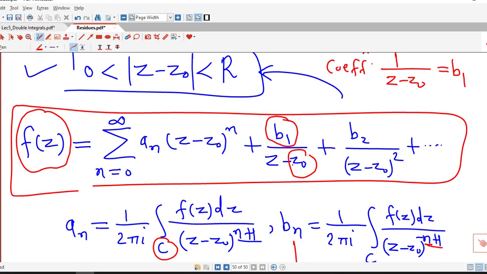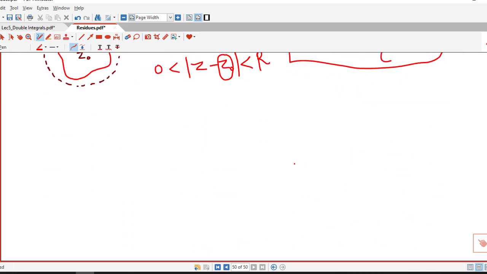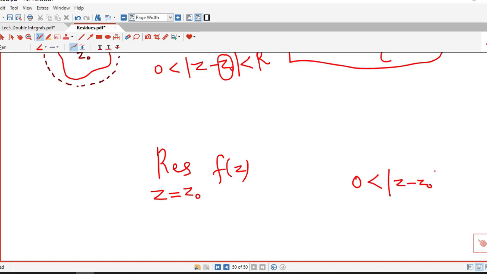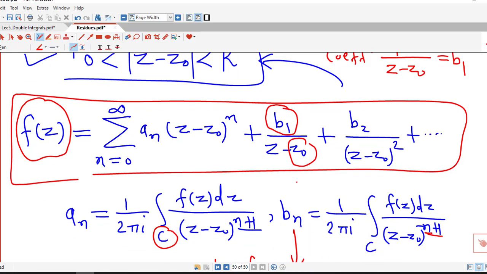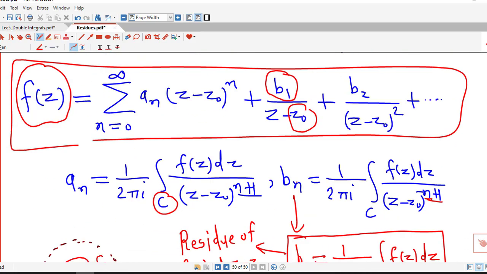So if we are interested in the residue of f of z at isolated singular point z0, then we will represent f of z as a Laurent series expansion which is valid in the deleted neighborhood of z0, and then we will search for the coefficient of 1 over z minus z0, and that is nothing but the residue of f of z at z0.